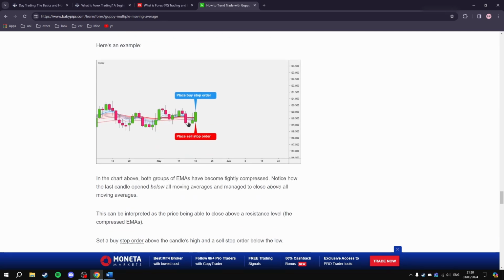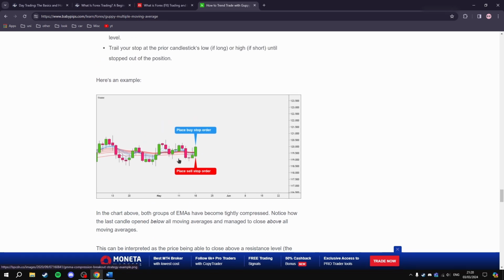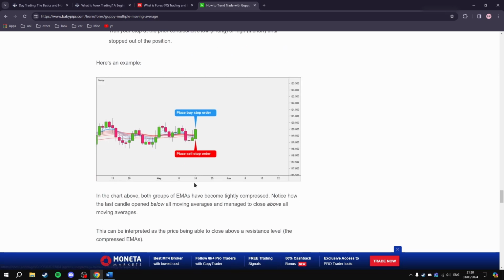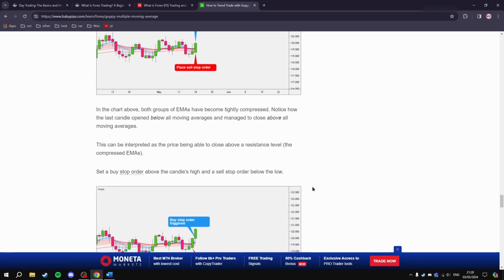So we can see this candlestick here is where all 12 of the moving averages are going to pass through. Place a buy stop order above the high, so above that top of the wick there, and a sell stop order below the low of the candlestick. In the chart above, both groups of exponential moving averages have become tightly compressed.